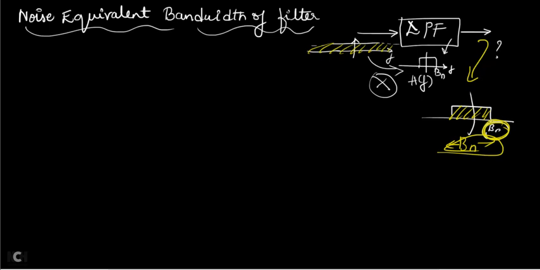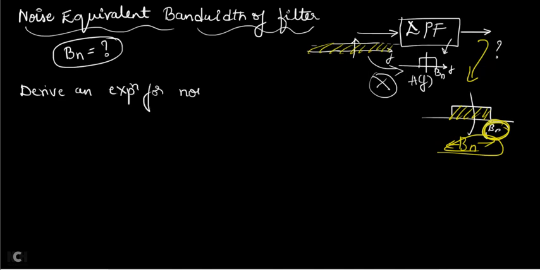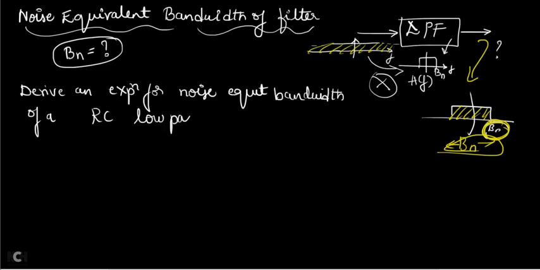Now we need to derive the expression for noise equivalent bandwidth of the filter. That means we need to find out what Bn is equal to. That is one very important derivation. They can ask: derive an expression for noise equivalent bandwidth of a RC low pass filter.